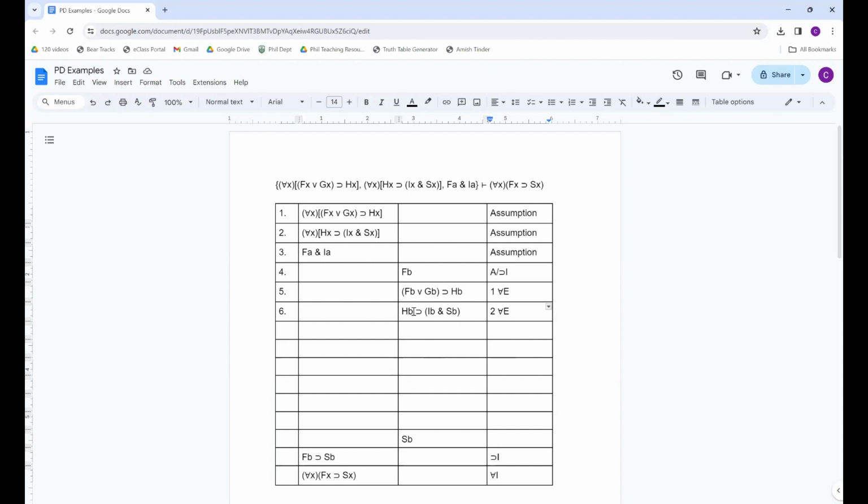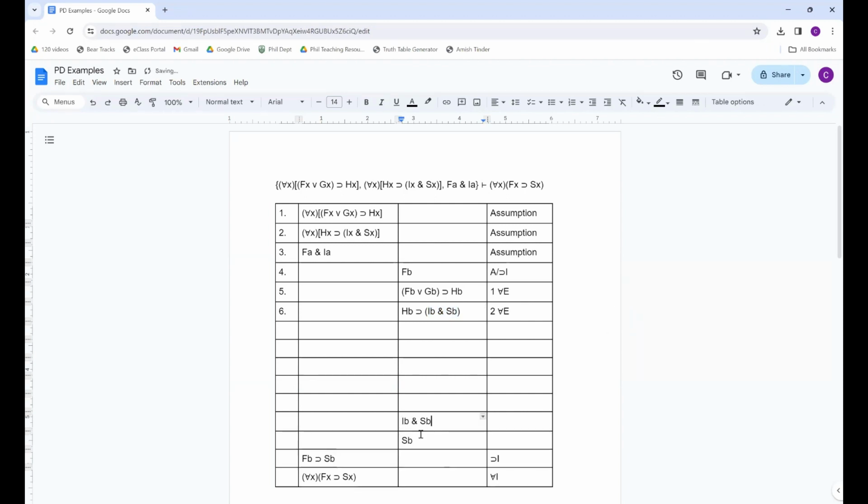And now from here, we're pretty much just working with SD rules, right? So if we go back to the goal sentence here, and then we look at what we have at the top, we can get SB from, if we could get IB and SB, we could get SB by conditional elimination. We could get IB and SB if we had HB by conditional elimination.